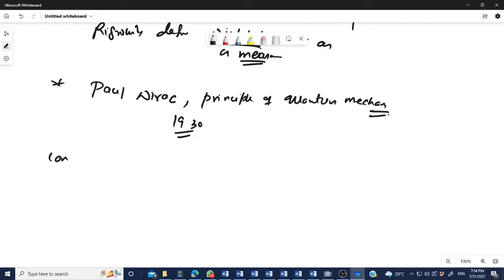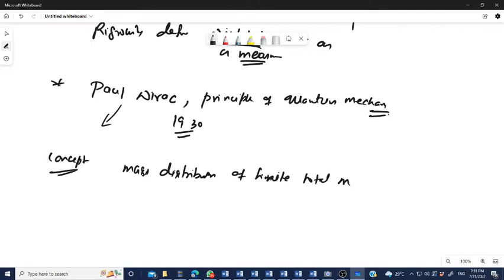The simple concept from Paul Dirac is based on a physical model that visualizes a delta function as a mass distribution of finite total mass m. Okay, the integral over the mass distribution, right?